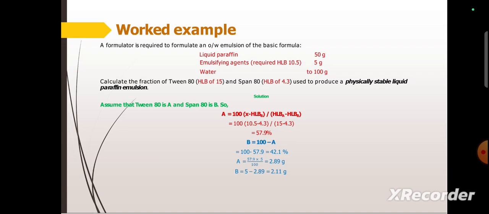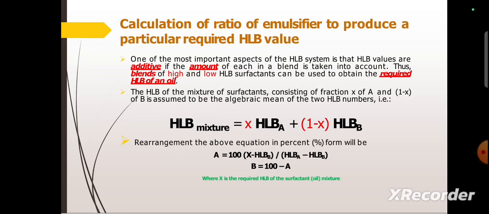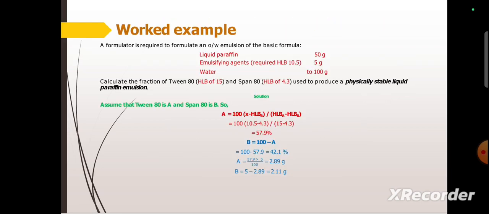Assume Tween 80 is A and Span 80 is B. So A equals, using the previous equation, 100 times (X minus HLB B) divided by (HLB A minus HLB B), where X is 10.5, the HLB value of the emulsifying agent.